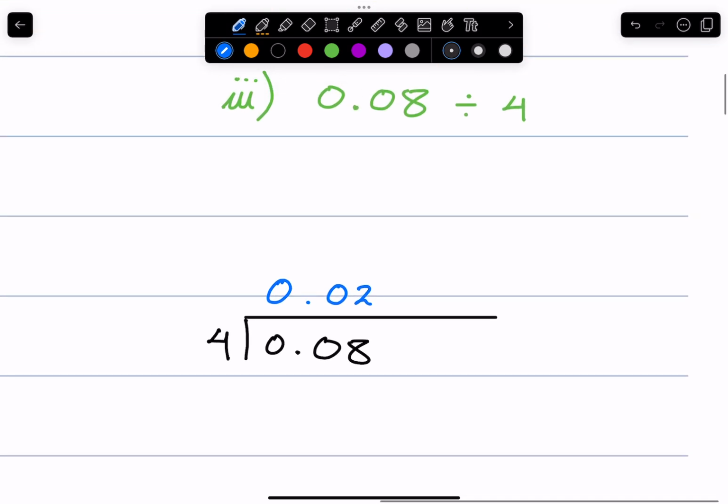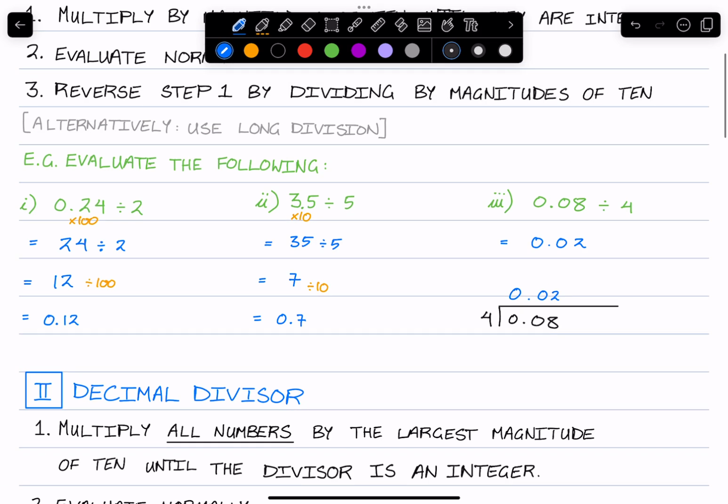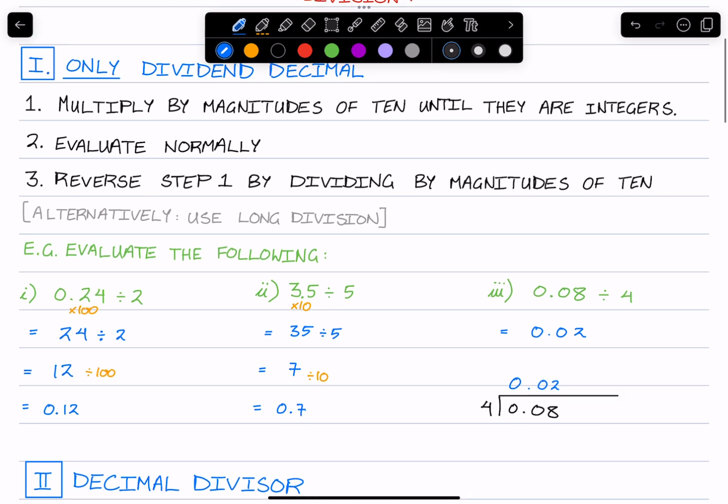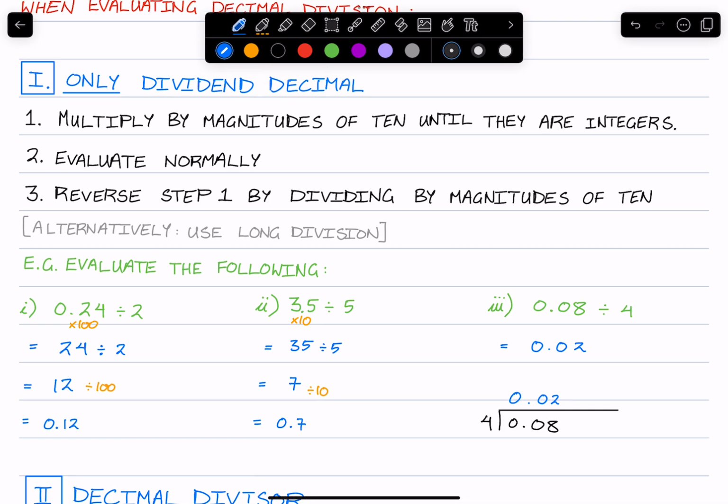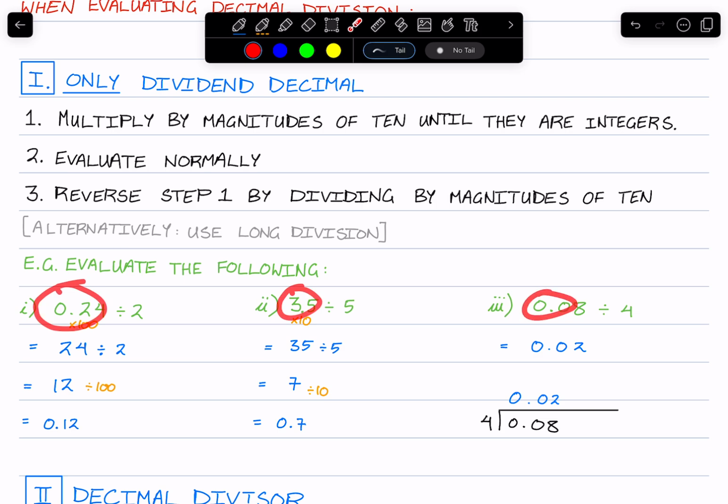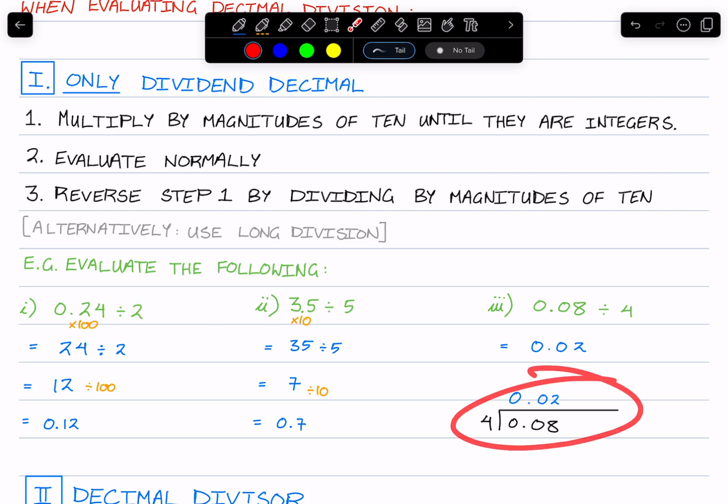Well, the answer to this then would just be 0.02. So as you can see, if only the dividend, so the first number, is a decimal, we can think of this as we would a decimal multiplication, but with a division, or we can just use long division here.